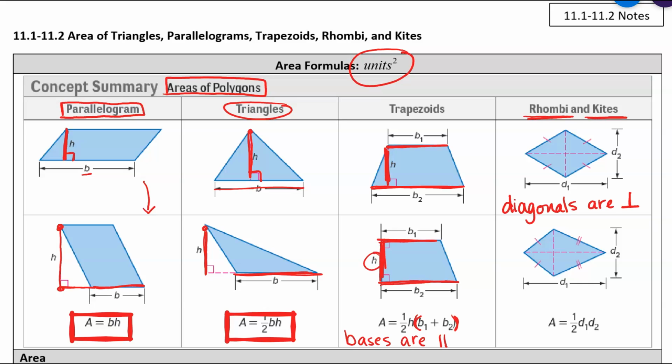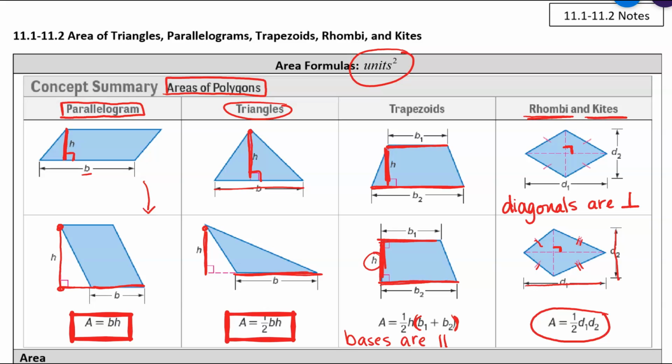Since the diagonals are perpendicular, that's going to make right triangles in there. So here, that's a rhombus. This one right here is a kite. A kite has these two sides congruent and these two tails congruent. When you look at this formula, it says simply 1/2 diagonal 1 times diagonal 2, and you can see how the diagonals are labeled.